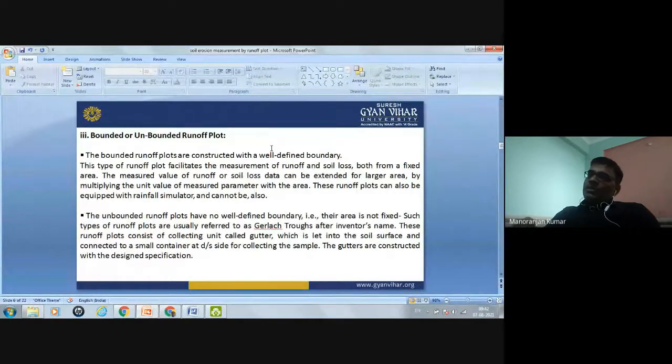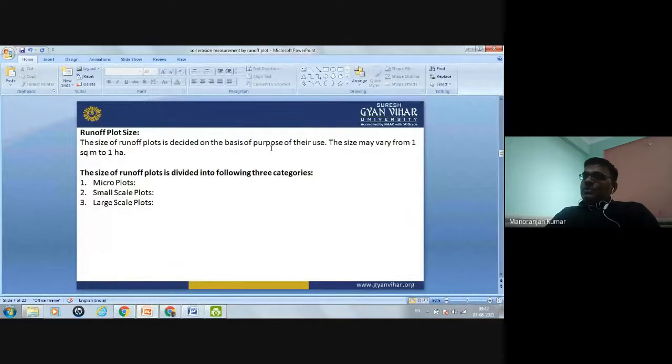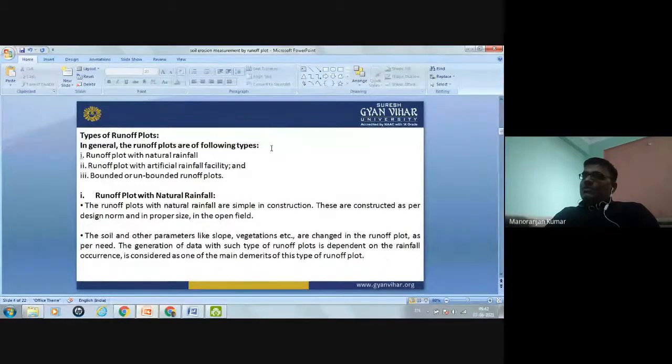So this is the bounded or unbounded runoff plot. So these are the types of the runoff plot: runoff plot with natural rainfall, runoff plot with a rainfall simulator, that is the artificial rainfall facility, and bounded or unbounded runoff plot.